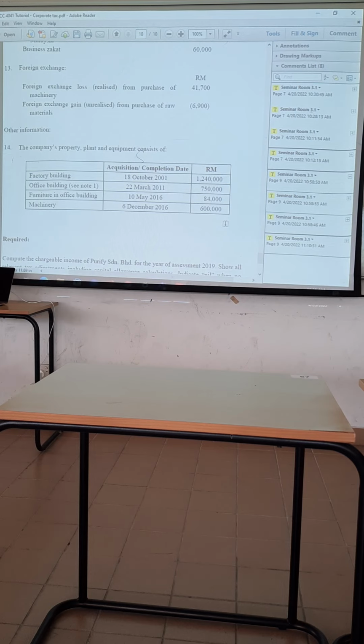Furniture in the office building, again for the second business. Machine, not mentioned, so it's for the business. 2016 means you claim annual allowance of 600,000, 40%.